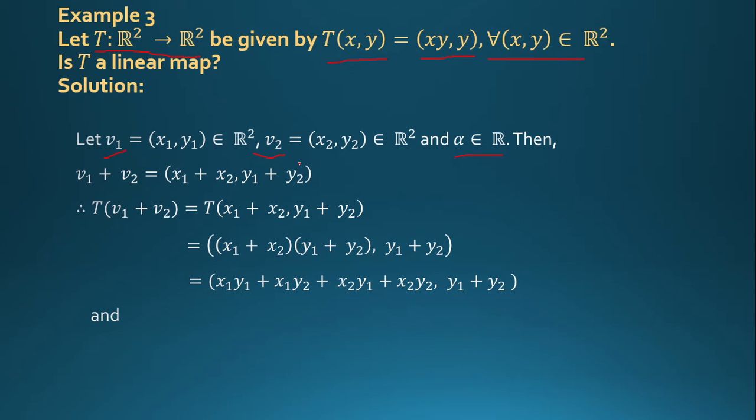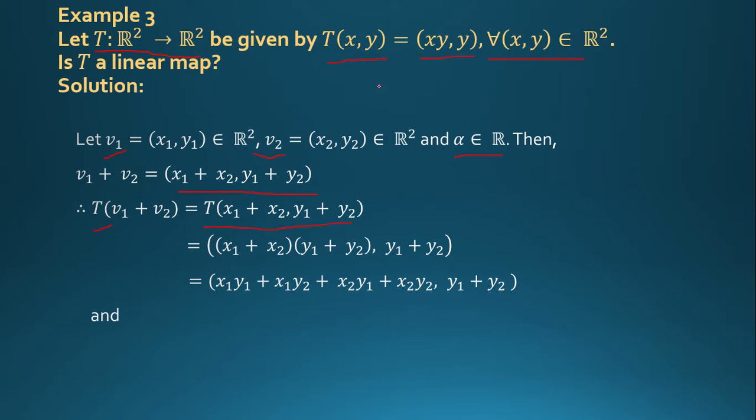Adding both, v1 plus v2 is equal to (x1 plus x2, y1 plus y2). Now applying the transformation, T of v1 plus v2 is equal to, by the definition, put the value of v1 plus v2, T of (x1 plus x2, y1 plus y2).